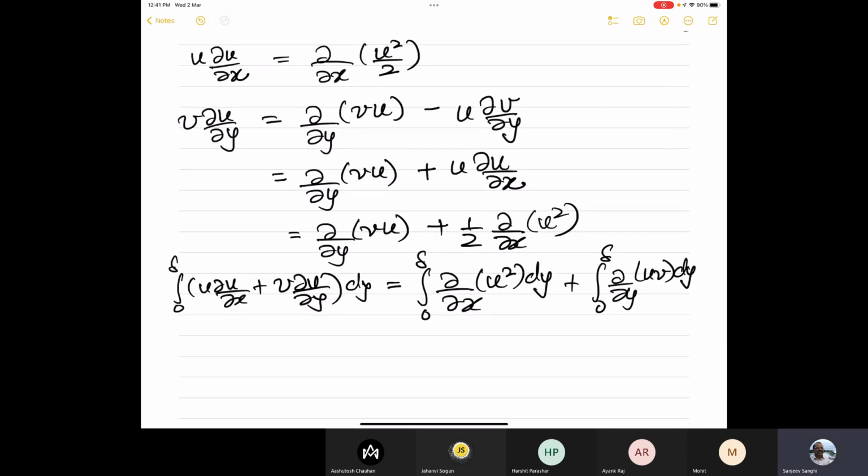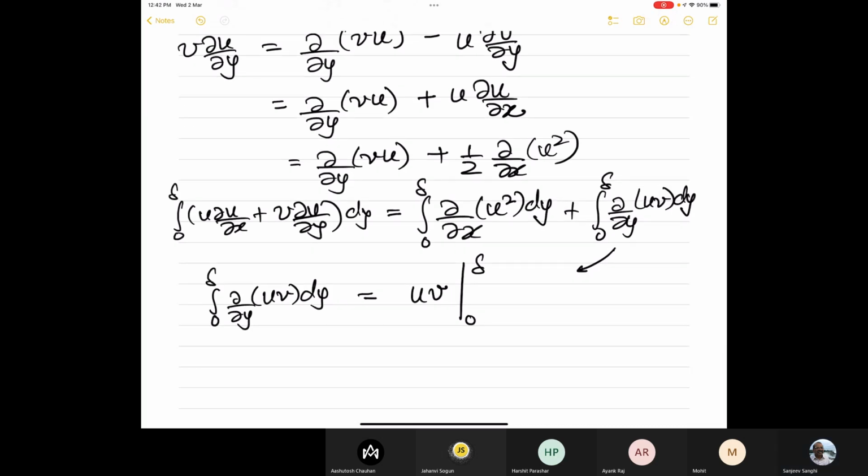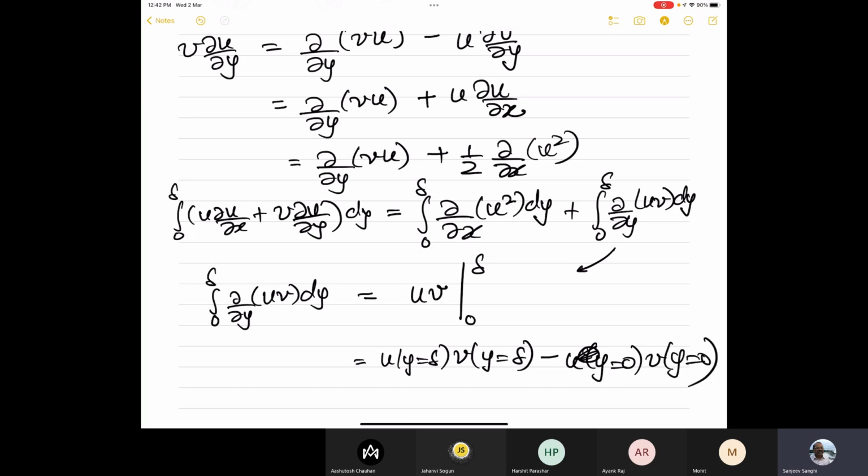And this second term, integral from 0 to delta ∂/∂y of uv dy, this will become equal to uv with limits from 0 to delta, and this will be equal to u at y equals delta times v at y equals delta minus u at y equals 0 times v at y equals 0.